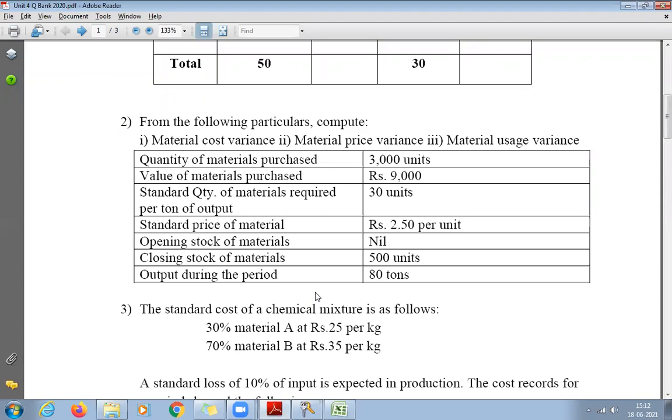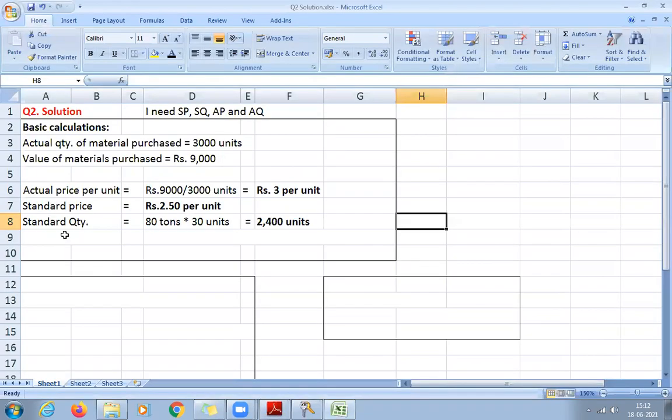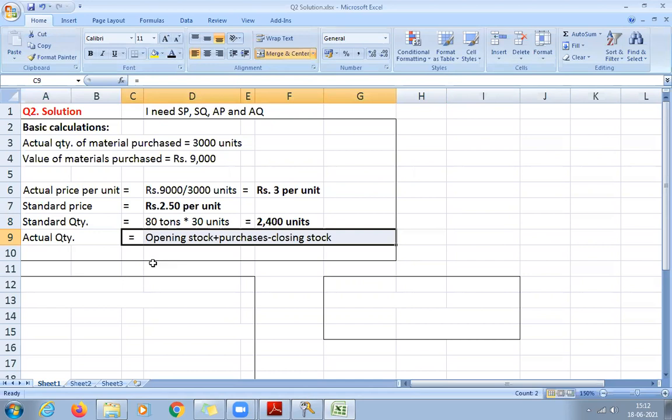Opening stock is given as nil, purchases are 3,000, and closing stock is 500.